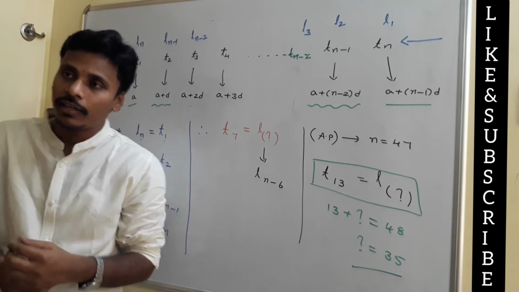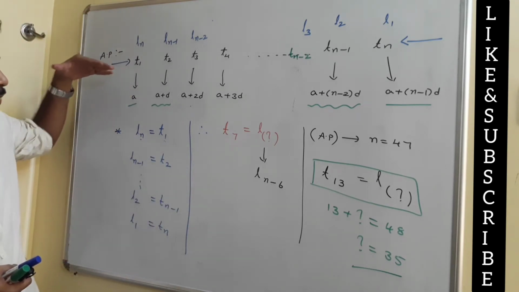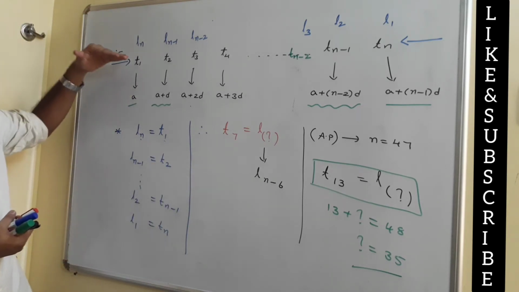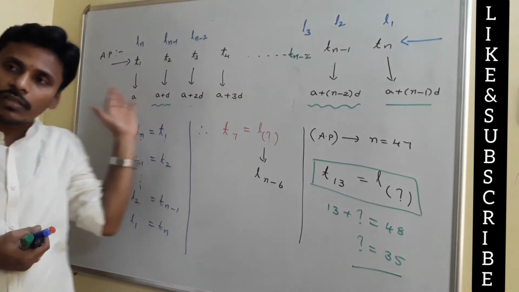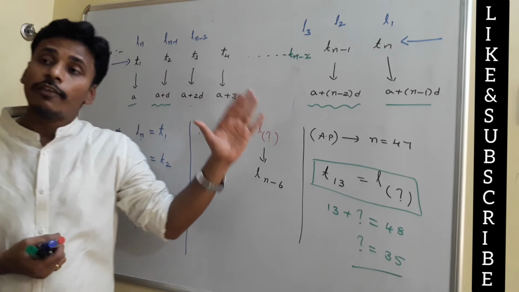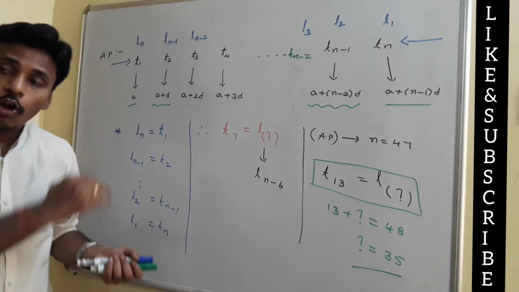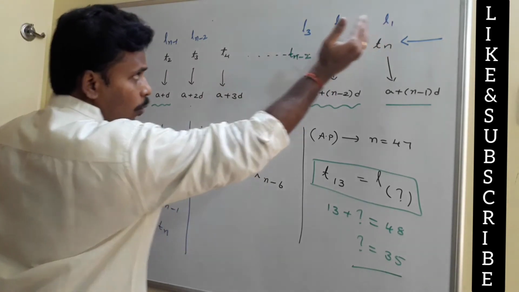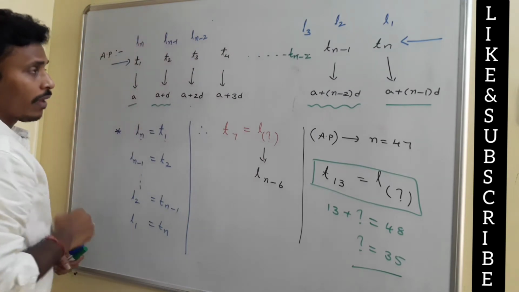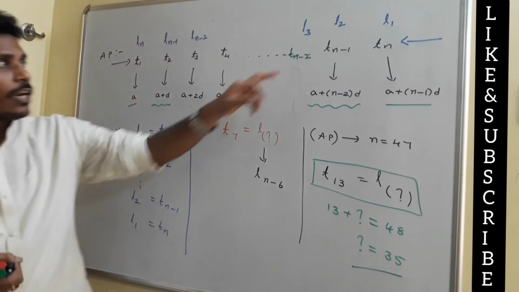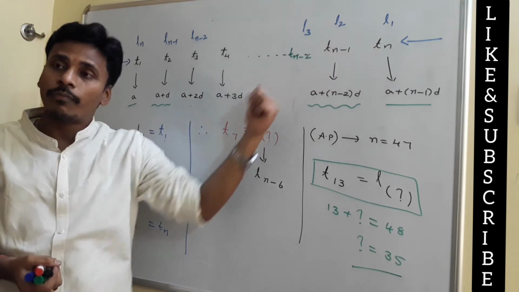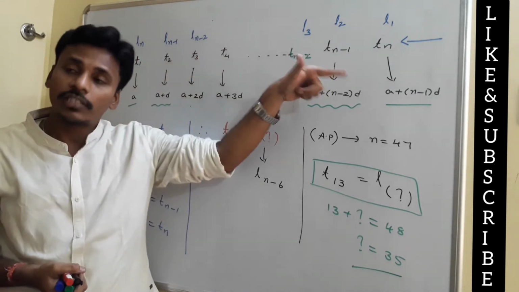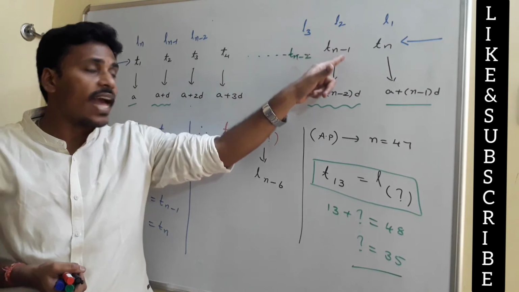Again, I am repeating. You just observe these terms of the arithmetic sequence. Suppose t1, t2, t3, t4 like that, tn are the terms of the arithmetic sequence from the usual direction. And if you count these terms from the end of the sequence, L1, L2, L3 and so on, then if you observe, this L2 is equal to the n minus 1th term. L2 is the second term from the end, the n minus 1th term from the start, since they are equal.